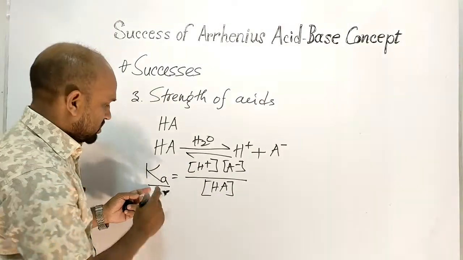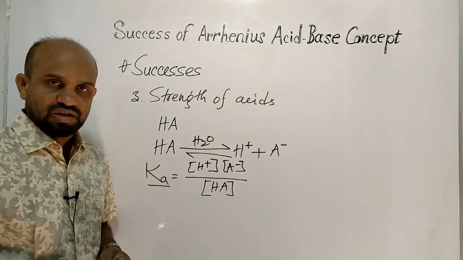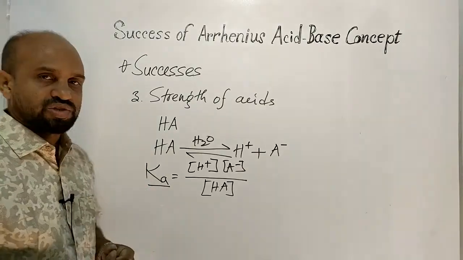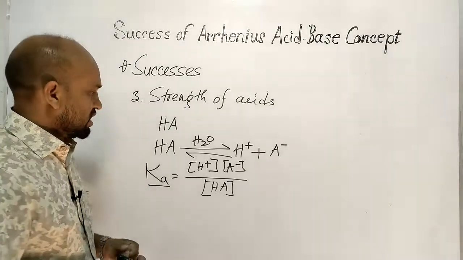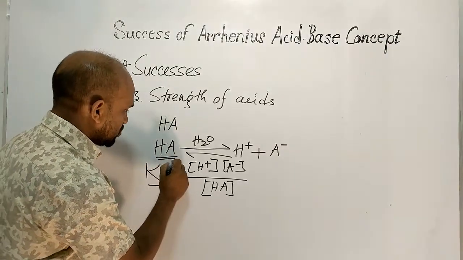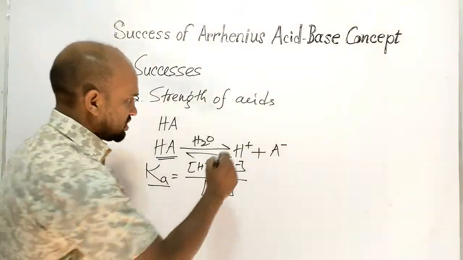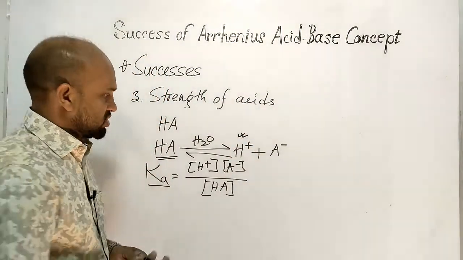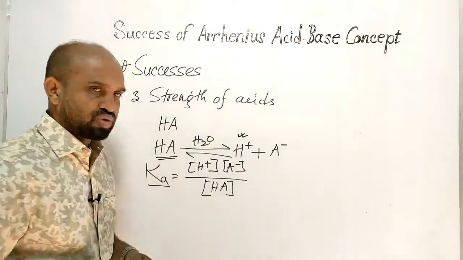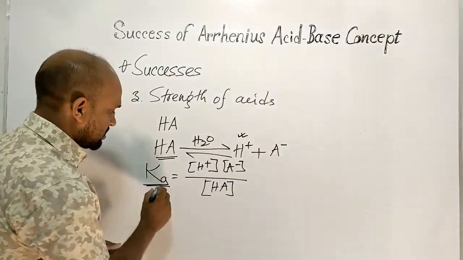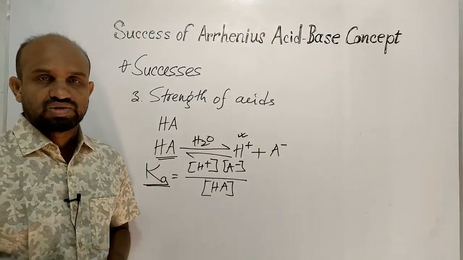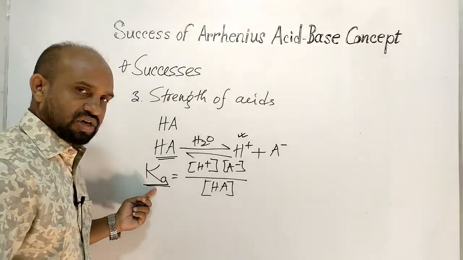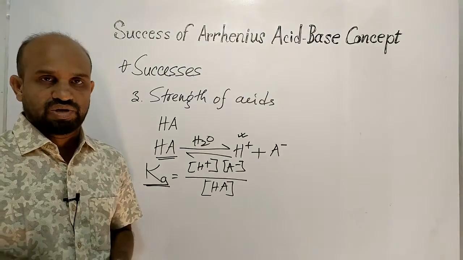The higher the value of Ka, the stronger the acid will be, and when the acid is stronger, the concentration of proton will be higher. When the concentration of proton is higher, Ka will be higher. So for strong acids the Ka will be higher.